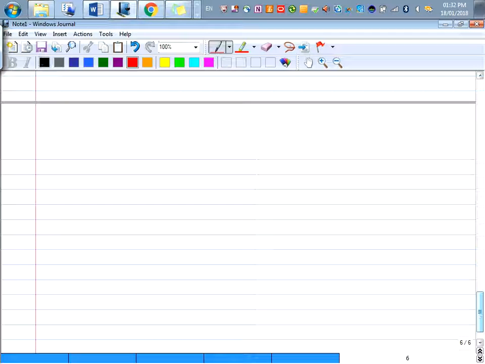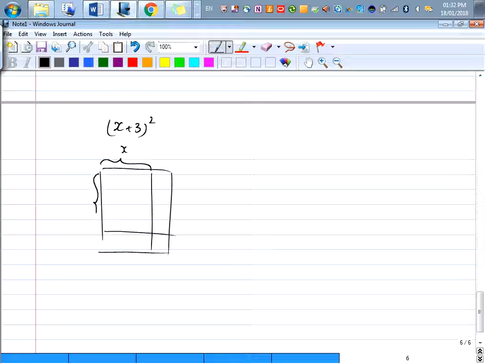Okay? Now we have, for example, x plus 3 squared. What does this look like in a diagram? Let me show you. Okay, I have a big square.